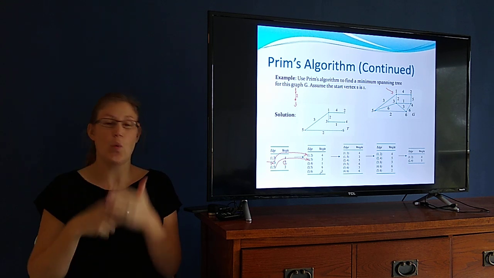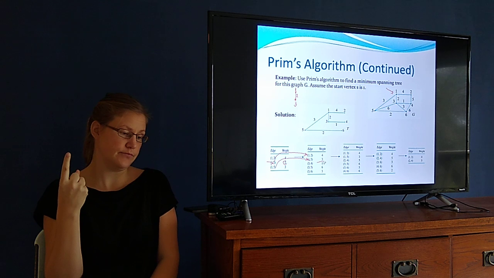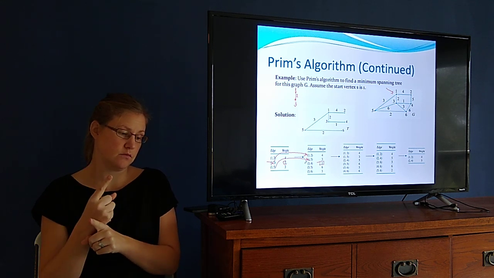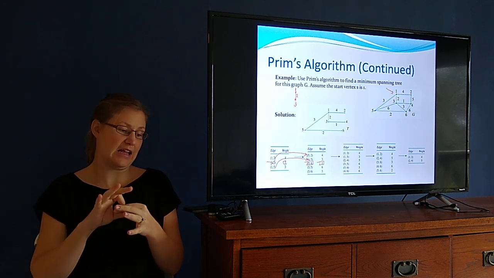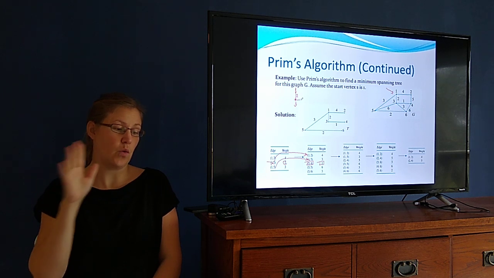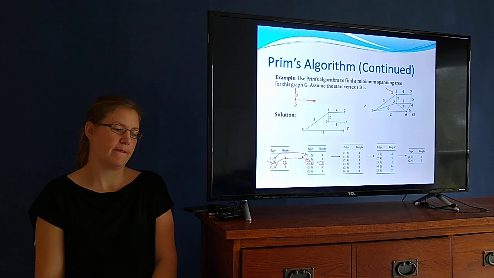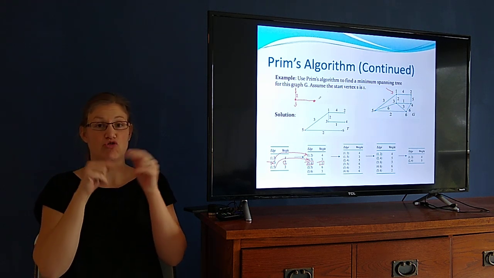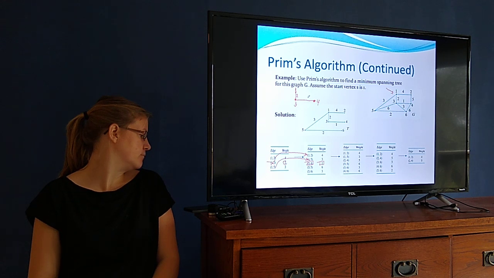What is the minimum weight? Here it's 1, and it's the edge that connects 3 to 4. So let's add this edge, following the same construction of the graph. We have 1, 2, 3, and we have 4 here. And the weight here is 1.